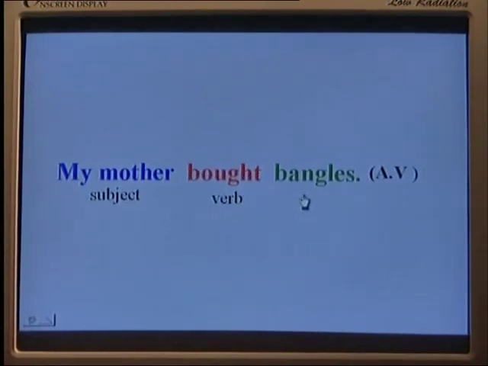And what is bangles? Object. Okay. So, now children, you have understood what are the sentences in present tense and what are the sentences in past tense. Okay. So, when you look at the verb, you will know whether the sentence is in present tense or the sentence is in past tense.